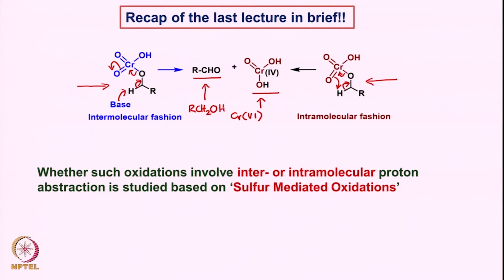Now, whether the abstraction of proton occurs in an intermolecular or intramolecular fashion is something that we need to establish. It is very difficult to do that with chromium based intermediates because the reactions are very fast, but whether such oxidations involve intermolecular or intramolecular proton abstraction has been studied using sulfur mediated oxidations.